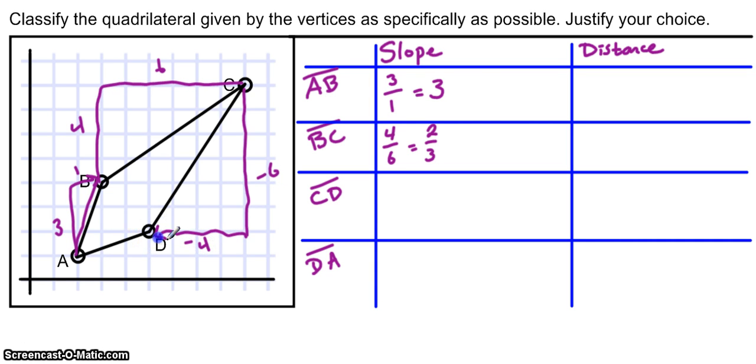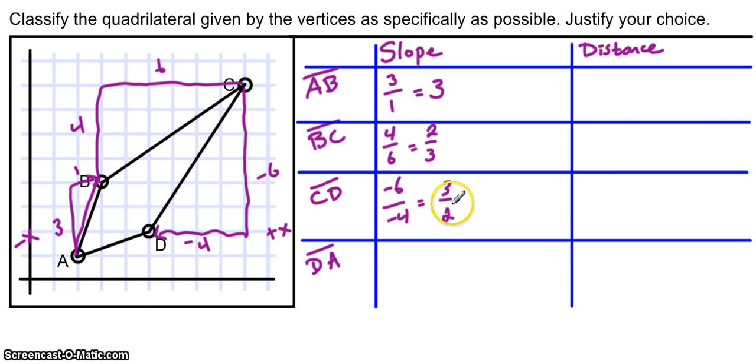Going backwards 4 in the x direction. This is the negative x direction over here. So my rise is negative 6. My run was negative 4. A negative over a negative will make a positive, and 6 over 4 simplifies to 3 over 2.